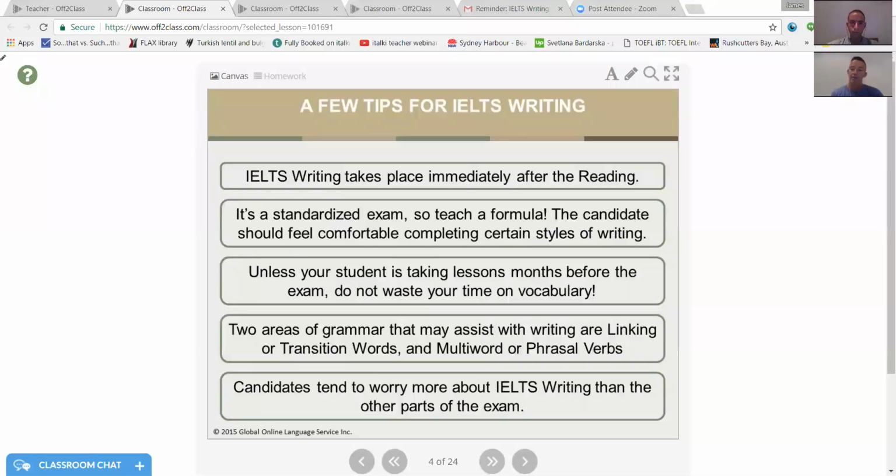Another area I think that is very undertaught by IELTS teachers is using multi-word and phrasal verbs. And what I mean by those is phrasal verbs is the standard term. Multi-word verbs is used more and more by ESL grammarians these days to describe any verb that actually is made up of 2 parts, and it's the verb and the particle, but the particle could be an adverb or a preposition.